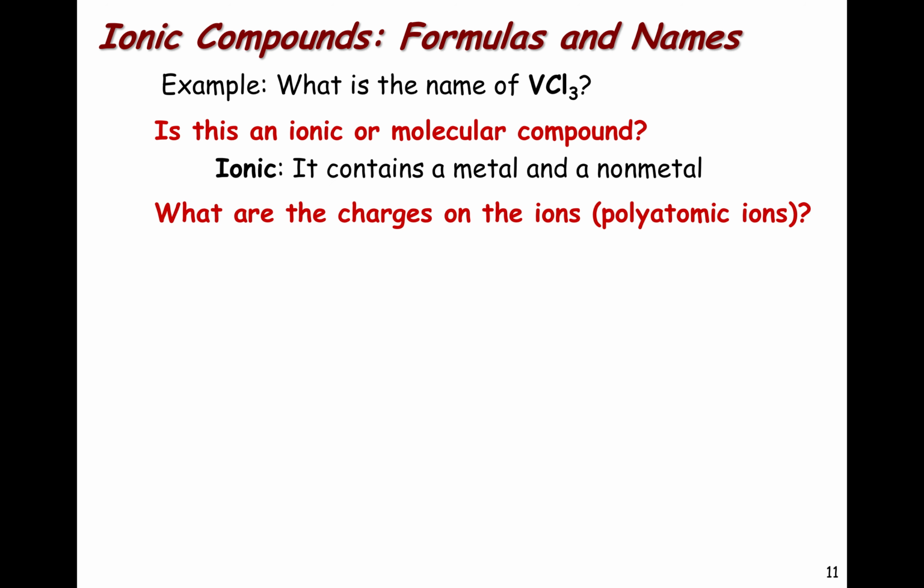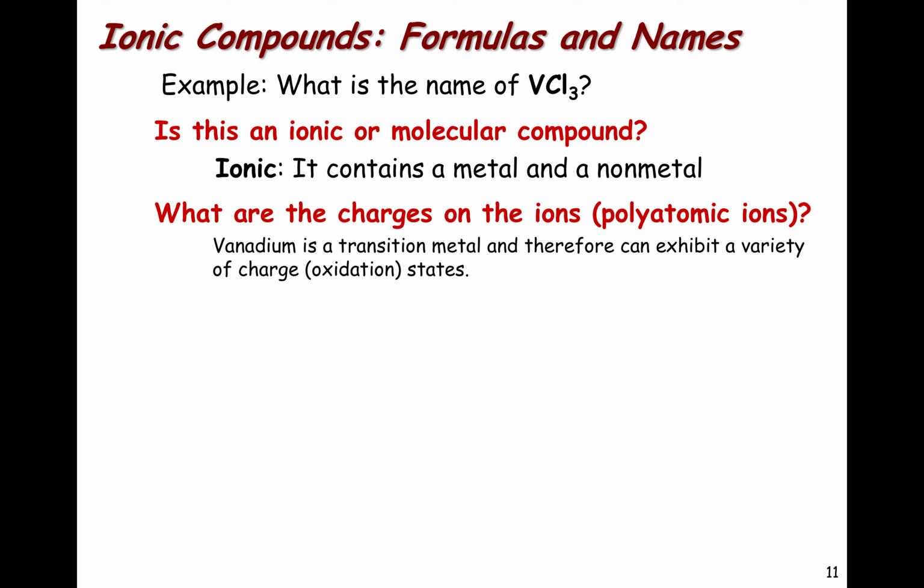It then will not be a polyatomic ion because its formula doesn't contain a grouping of atoms that is the same as the list of polyatomic ions that you have memorized. So in this case, the first element will be the positive ion. That's the vanadium. The vanadium can have more than one oxidation number, so the challenge then becomes, what is the positive charge of the vanadium?